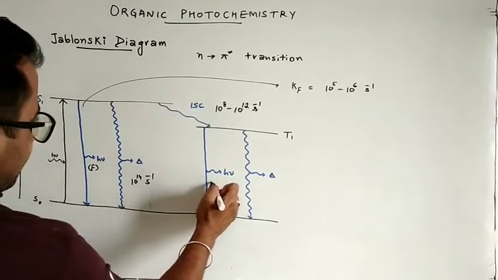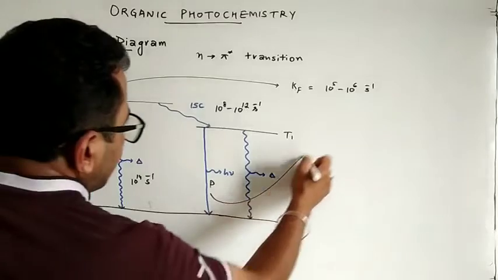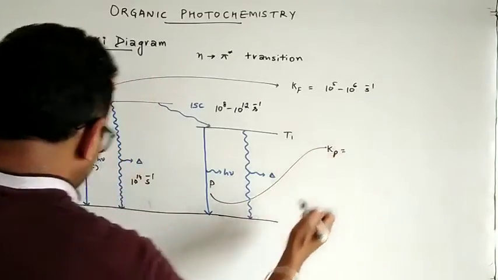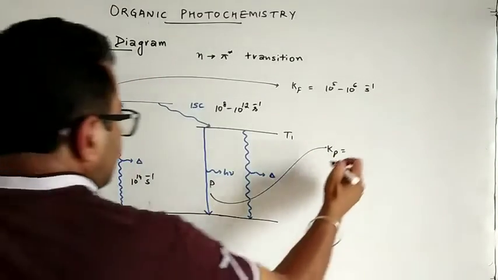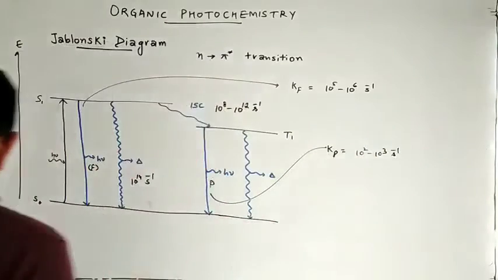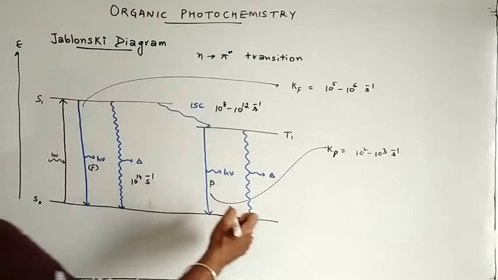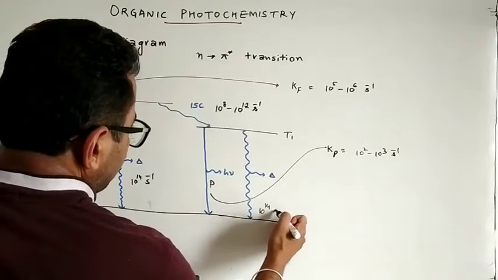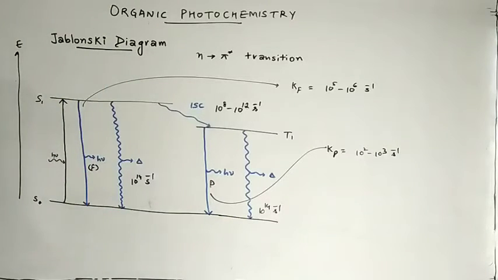This is your fast fluorescence. So this Kp is equal to 10 to the power 2 to 10 to the power 3 per second. And again you have this interconversion that takes 10 to the power 14 per second. So these are some values of rate constants, how fast the transition takes place.